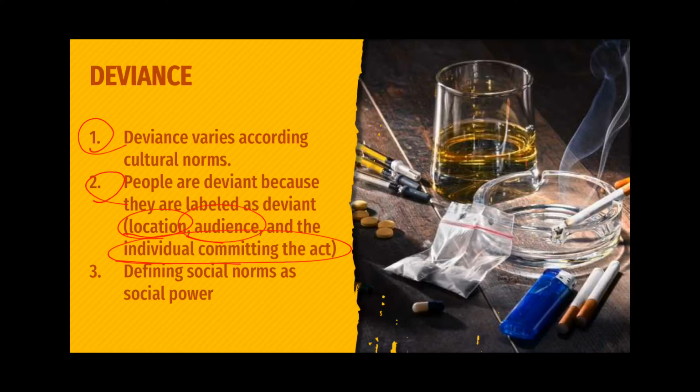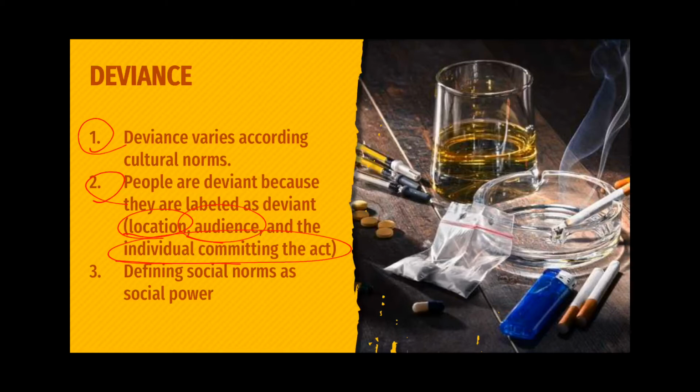And last, it's the individual committing the act. So what is the status or the role of the individual committing the act? So for example, when a civilian or anyone, just a regular citizen, opens up the body, that is considered deviant. But when a surgeon, upon considering that this person needs a surgery and places anesthesia on the person and opens up the body to take care of some of the organs inside, that's not considered deviant.